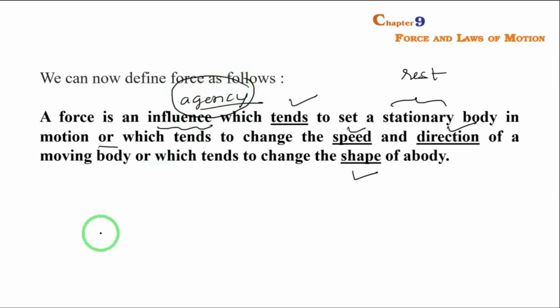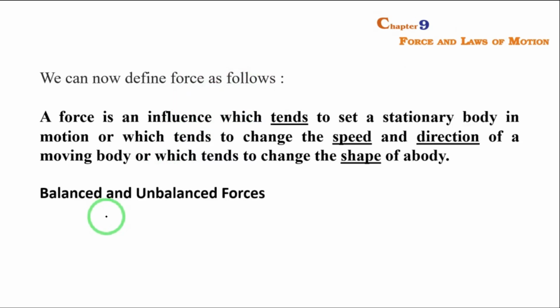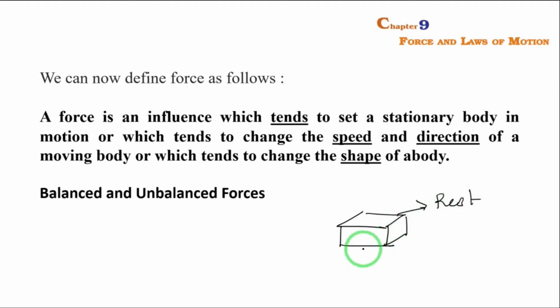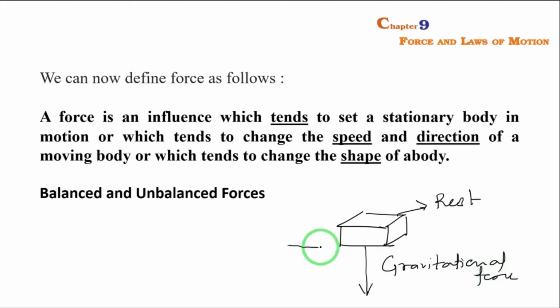And that external agency is called force, right? Among the forces, what we have studied in previous classes are balanced force and unbalanced force. If you talk of an object which is at rest, why is it at rest? There is a force already acting on it, and that is the gravitational force. But still it is at rest because it is on the table.